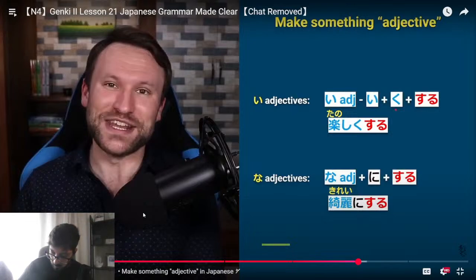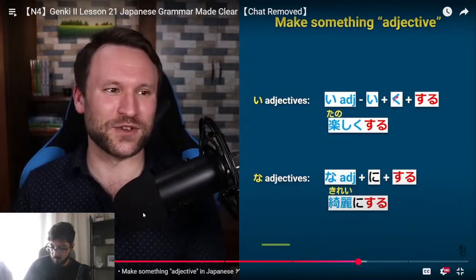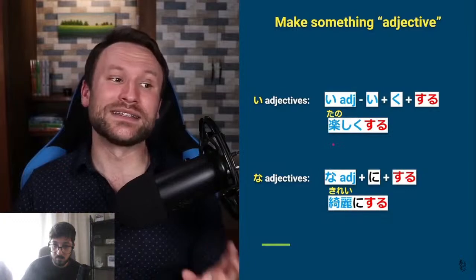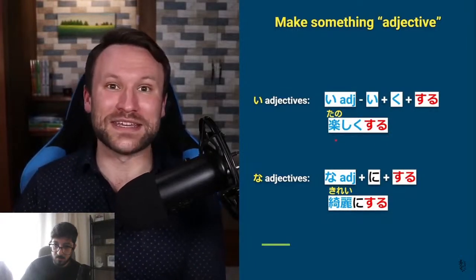E adjective minus E plus ku plus suru. 楽しくする. Change it into ku, whichever you prefer, and add suru. So 楽しくする means to make it fun.